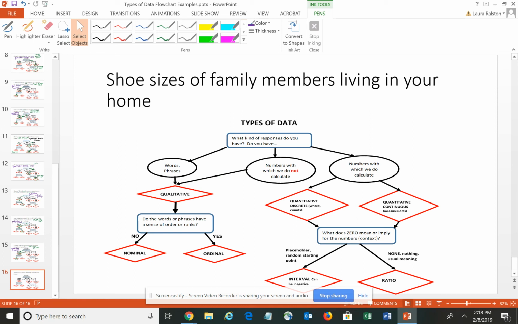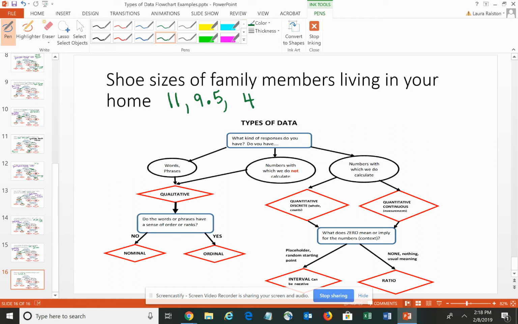The shoe sizes of family members living in your home. So again, think about what kind of responses you might get. You might get size 11. You might get, say, 9.5. You might get, say, a size 4. So again, you're getting numbers. And if you want to think about it, could we calculate?